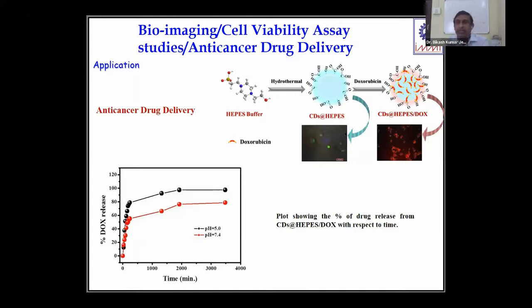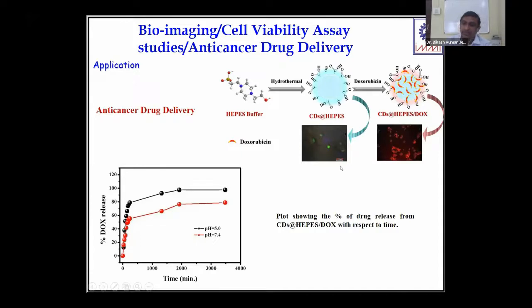So based on the environment inside the cell and outside the cell, when this nanoparticle-drug conjugate interacts with the cell surface, the cell takes up the drug. So the HEPS method was used for the synthesis of these carbon nanodots, and after synthesis, we immobilized doxorubicin.